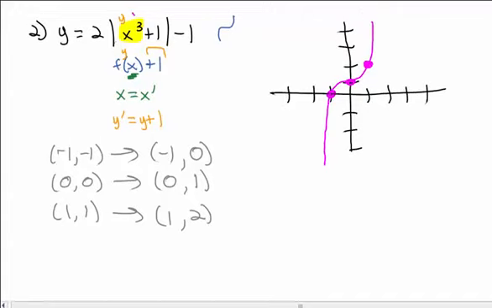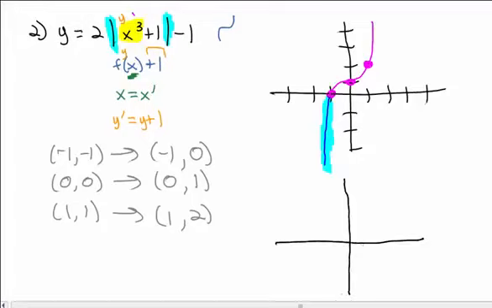We now will take the absolute value, meaning the part that's below the x-axis has to reflect up above. Since we don't really have any points, we're just going to take the shape. All the points we had were either on the x-axis or above, so those points were all good.